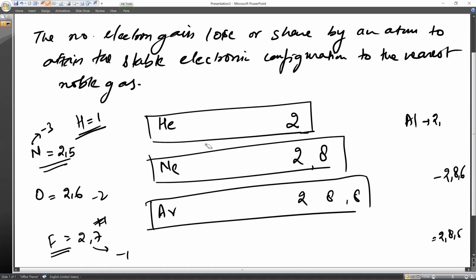Now this one, aluminium, 2, 8, 3 electronic configuration. That of aluminium is 2, 8, 3, that of sulfur is 2, 8, 6, and that of phosphorus is 2, 8, 5. So what is aluminium going to do?